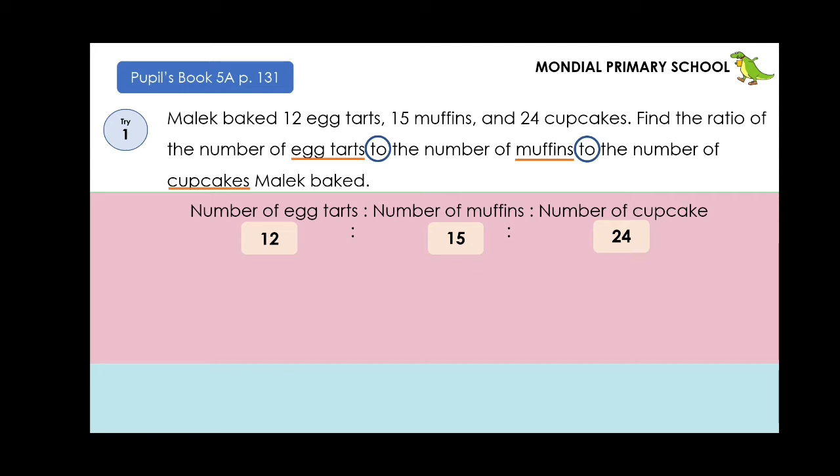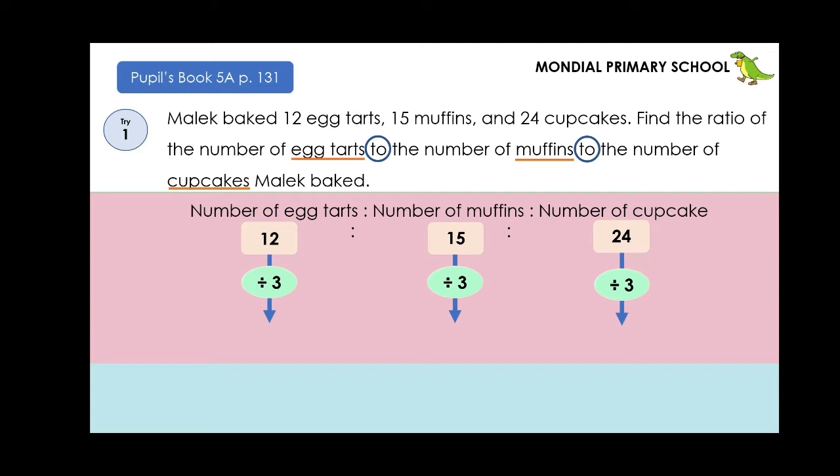Can this ratio be simplified? Yes! What is a common factor of 12, 15, and 24? It is 3. So we divide 12, 15, and 24 by 3 to express the ratio in its simplest form.